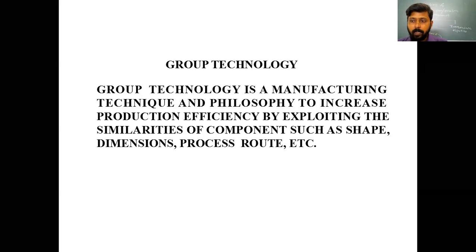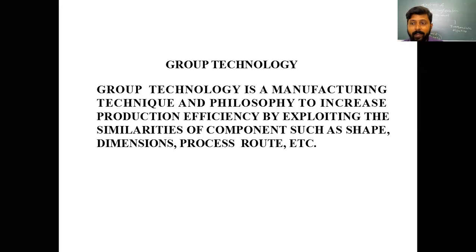We can achieve our target as an industry or organization. Obviously, whenever you work for an organization or industry, the first objective is to make profit. Secondary objectives are there, but the primary objective is to make money. So if your manufacturing process is efficient enough, then certainly you are going to make profit.